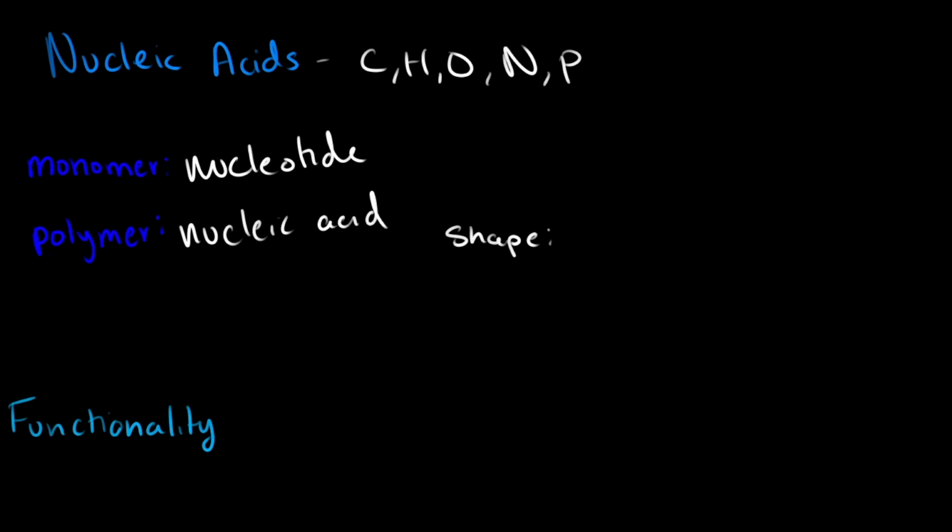Now, these nucleic acids come in two main shapes, the first of which you will instantly recognize, what we call deoxyribonucleic acid, also known as DNA, in its basic shape of a double helix and a very basic, non-complex way of drawing it.